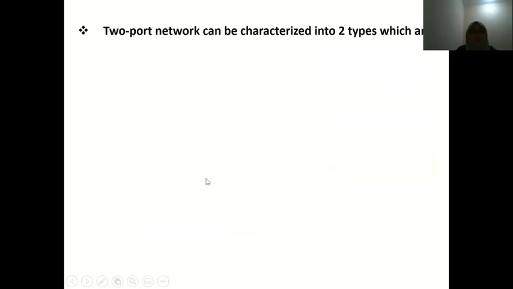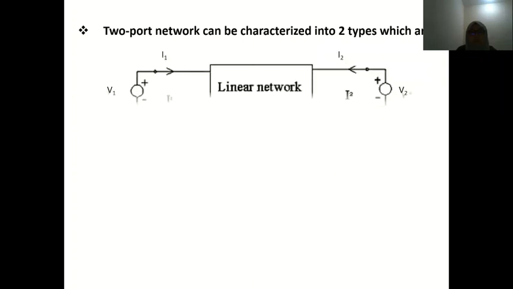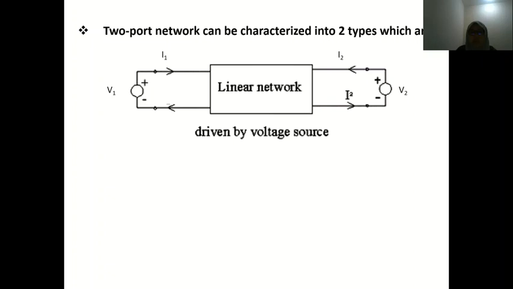A two-port network can also be categorized into two types. The first is where the network is driven by a voltage source, so we have a voltage as the driver source.